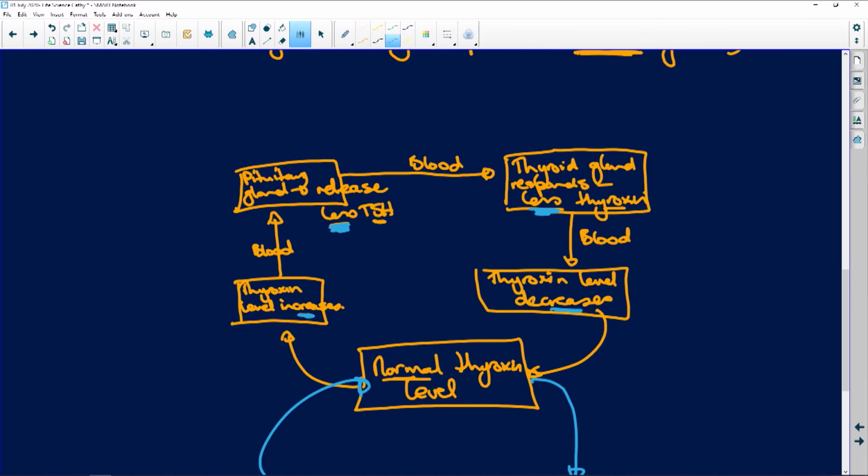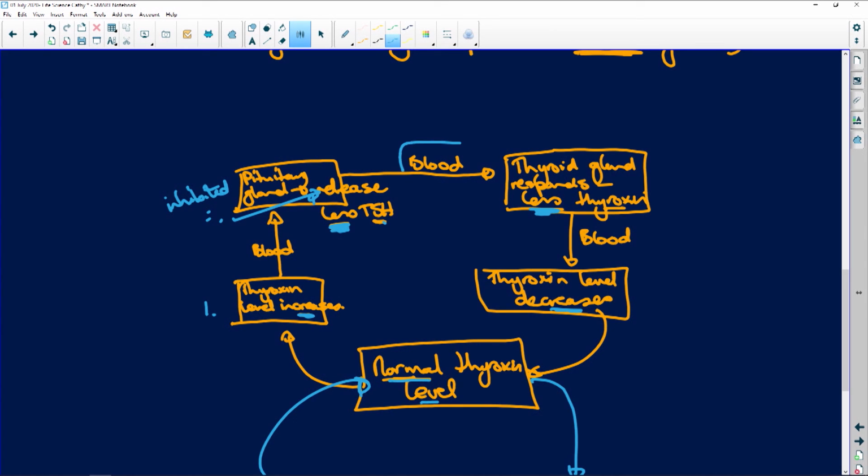Look at our schematic. It's always easier to learn a schematic. The thyroxine level is normal, and so we start here. Number one, thyroxine level increases, and obviously in the blood. The pituitary gland is inhibited, and therefore releases less thyroid stimulating hormone.